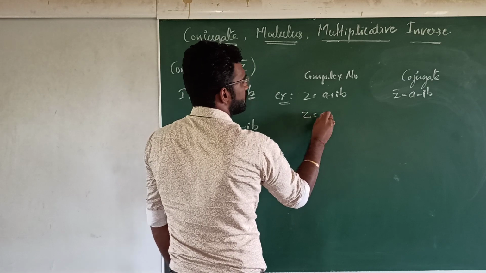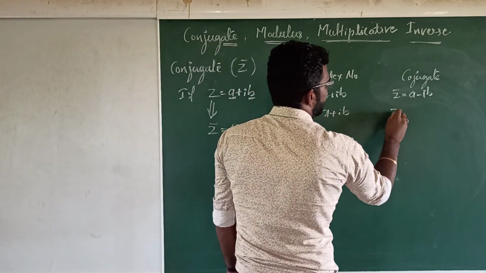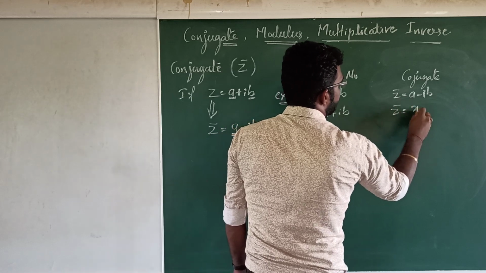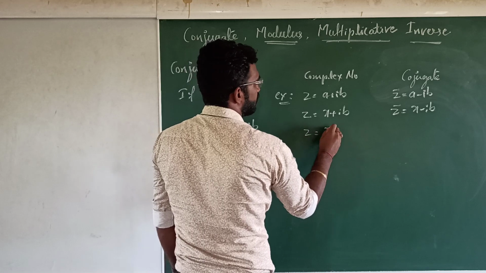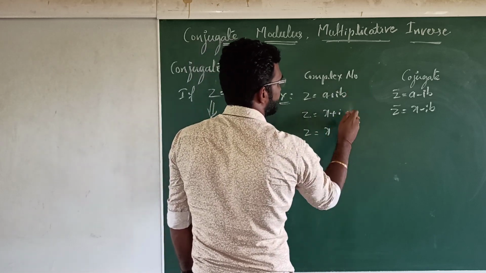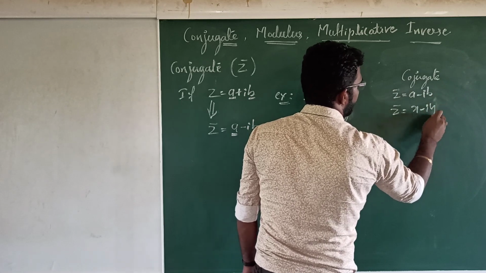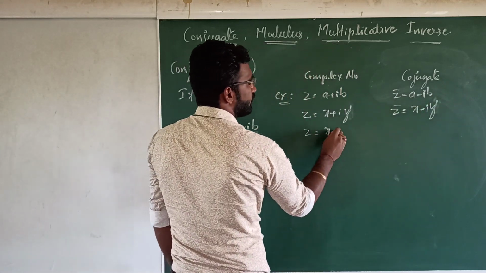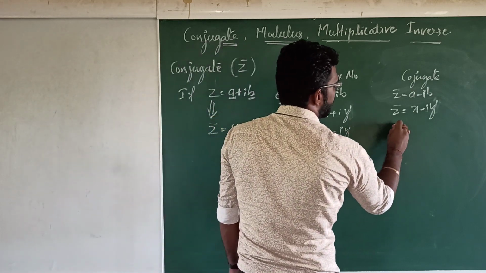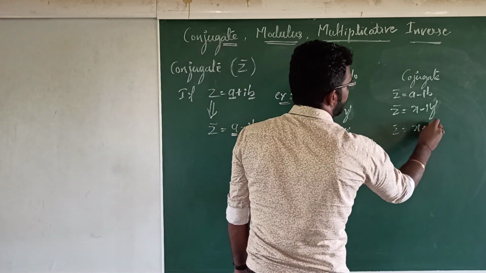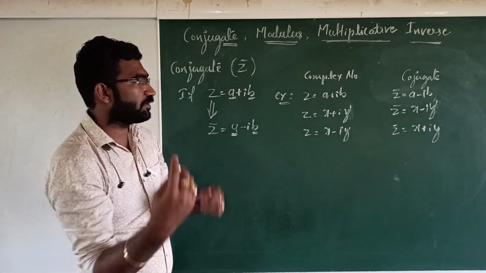So if z equals x plus iy is the complex number, then z bar equals x minus iy. Right, and if x minus iy is the complex number, then z bar equals x plus iy, right? So this is how we have to write the conjugate of the given numbers.